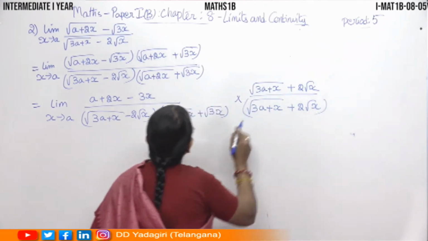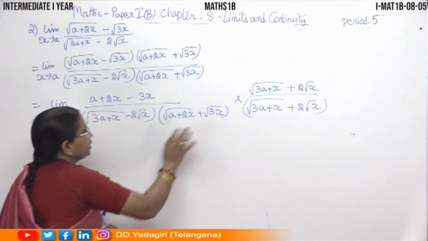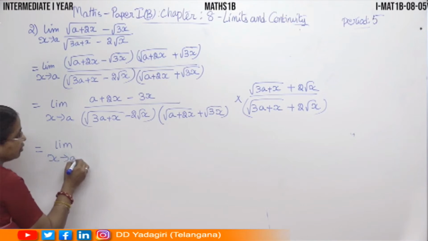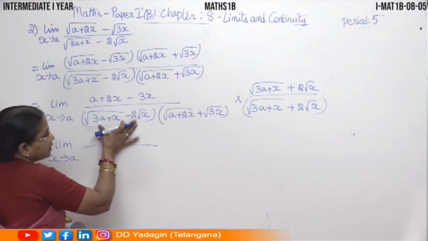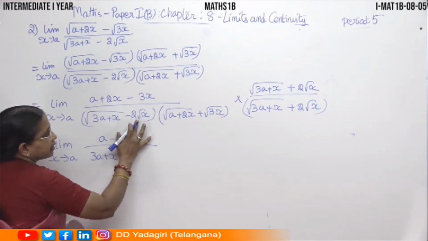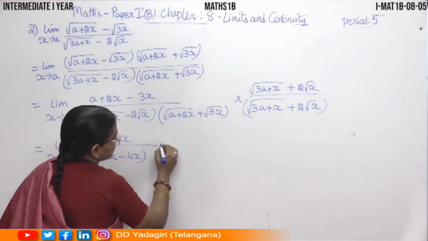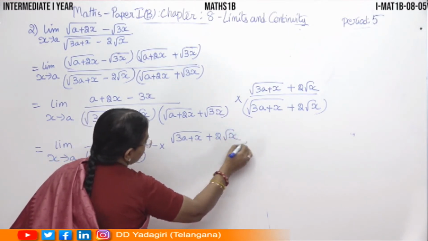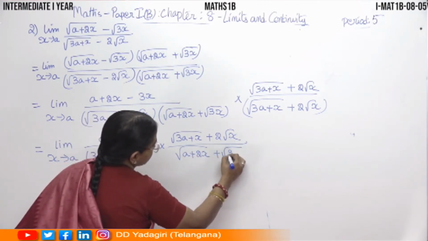So if you take these two numbers, this is in the form a minus b into a plus b, a square minus b square. So limit x tending to a of, now we'll simplify this, a minus x by, we are writing these two as 3a plus x minus b square means 4x. Now we'll write these two as it is, into root of 3a plus x plus 2 root x by root of a plus 2x plus root of 3x.